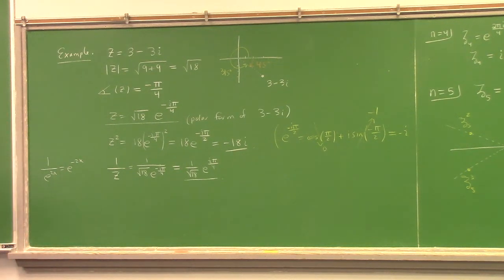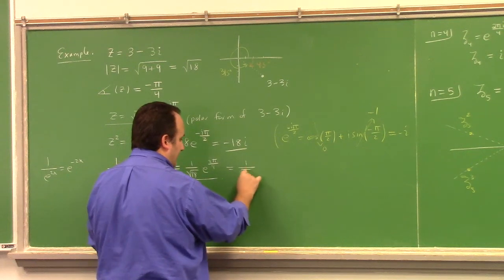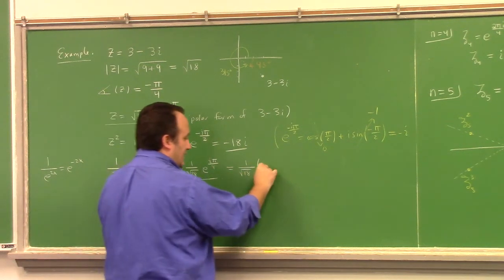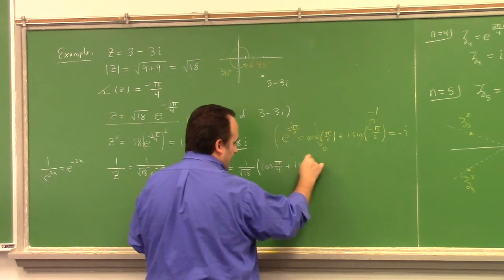So I cannot sing the praises enough of how the polar form of a complex number allows you to calculate all kinds of arithmetic things pretty easily. And you can always go back to the Cartesian form once you're done with the calculation too, right? Like, what's the Cartesian form of 1 over z? We just go, okay, that's 1 over the square root of 18 times cosine pi over 4 plus i sine pi over 4.